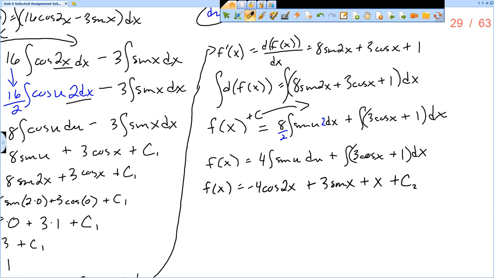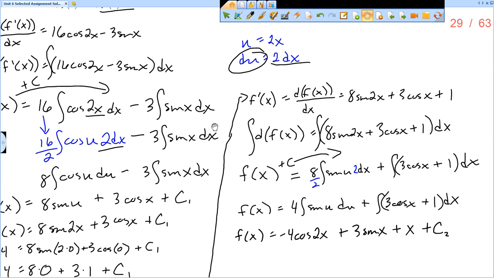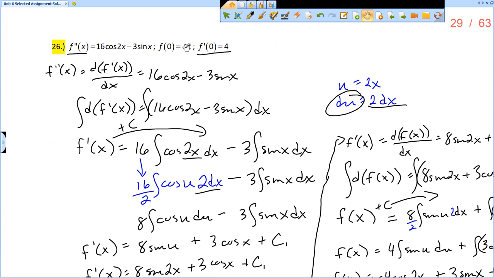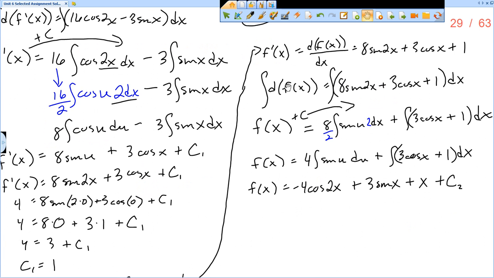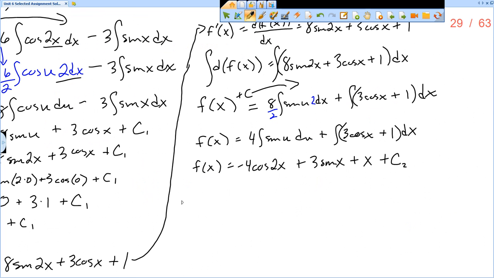All right, so now I want to solve for c sub 2, and so I need to use what we were given, that f of 0 is negative 2. And so I'm going to plug negative 2 in here, and I have negative 4 cosine of 2 times 0 plus 3 times the sine of 0 plus 0 plus c sub 2.